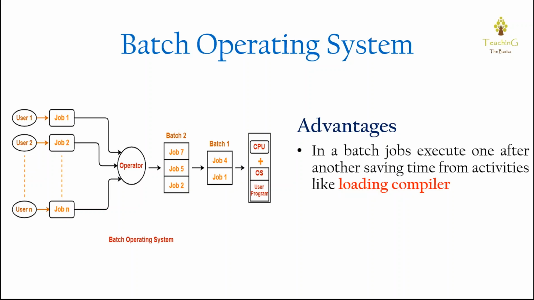Now in another batch, let us suppose that batch 2 requires C++ compilers or a Java compiler. Okay, let us suppose that. So the operator groups those jobs that require Java compiler in a batch, and after loading the Java compiler in the CPU, the operator submits that batch that requires the Java compiler.